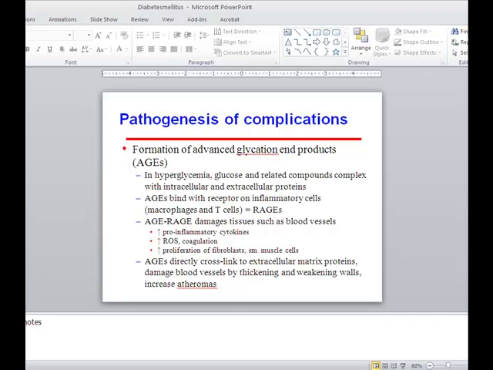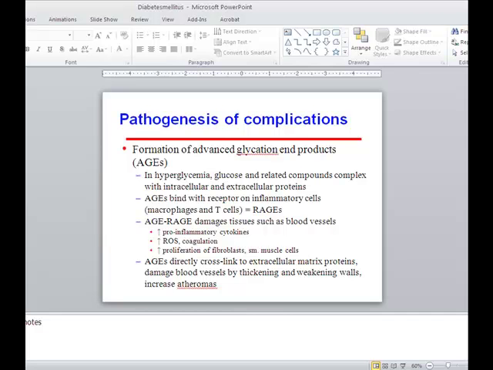There are endothelial cells in the blood vessels. Essentially, the glucose could form complexes with those proteins within the endothelial cells, within the glomerulus, or within the blood vessels in general. And these complexes are referred to as the advanced glycation products. The advanced glycation products are nothing but complexes between glucose or glucose-related compounds and different proteins in the cell.